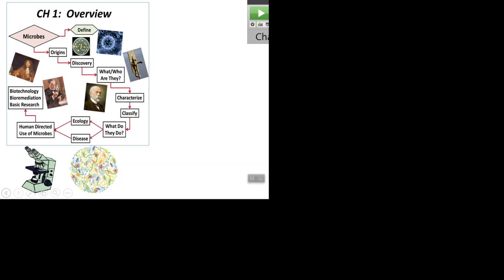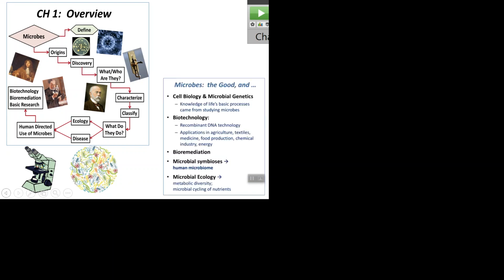This is chapter 2. What are microbes? What are the basic features? How do you define them? Where do they come from? What do they do? We're not going into super detail on these, because that's what the rest of the semester is about, but it gives you an overview. This is what we're dealing with this semester.